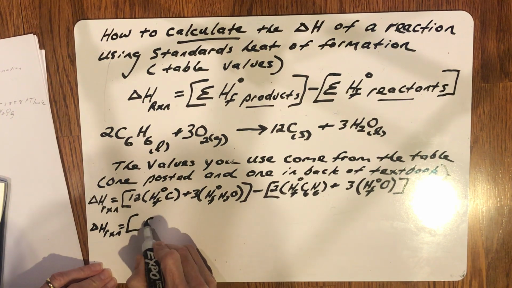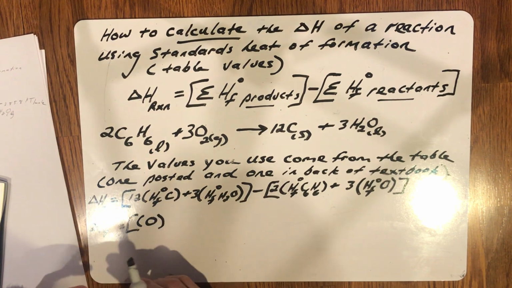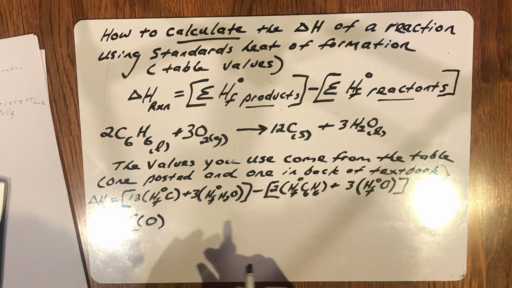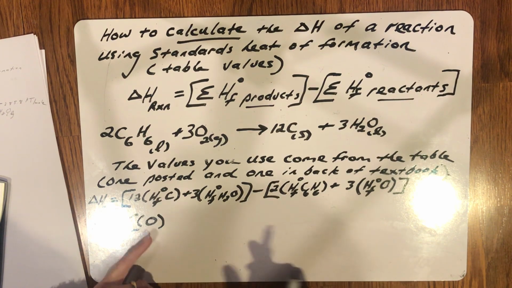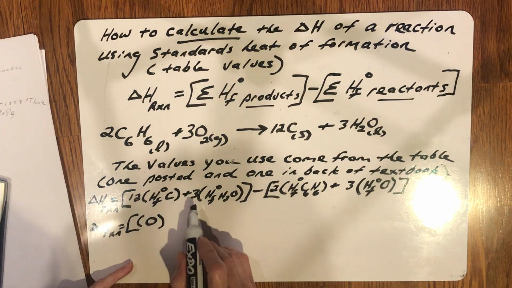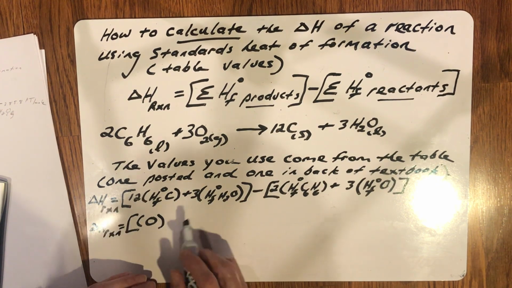And so that value there is 0. Because these are formation values, it's the amount of heat released when a substance is formed from its elements in their pure state. Carbon exists, it's not formed, so therefore there is no value.